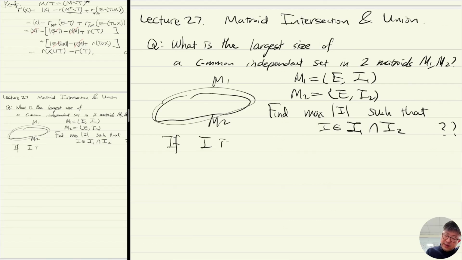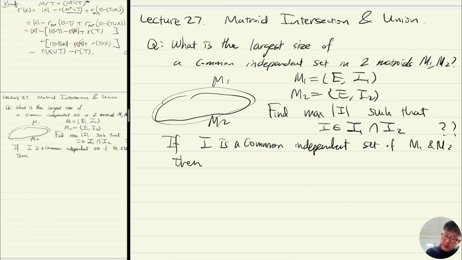So if I is a common independent set of M1 and M2, then, what can I say?